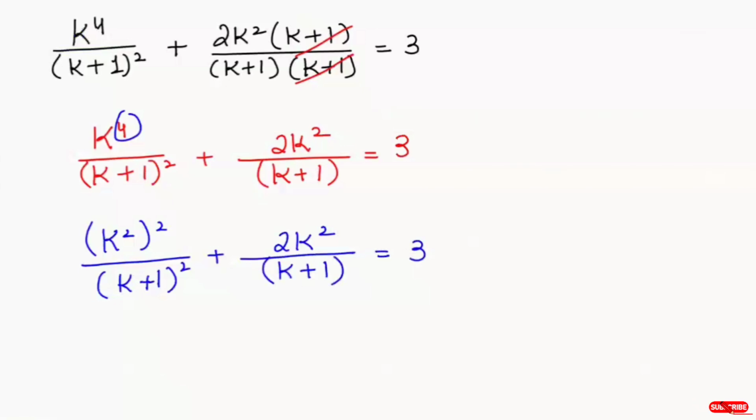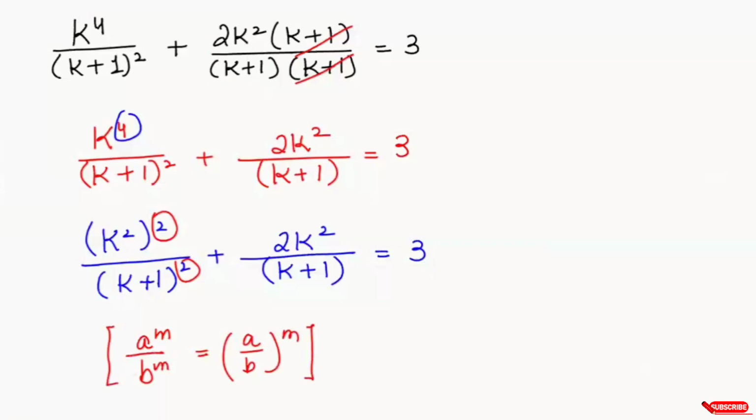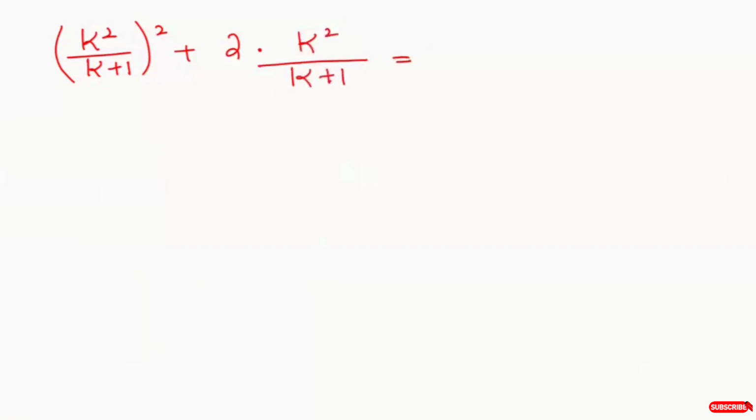Next we have the same power, so I'm going to apply the exponential rule, that is a to the power of m over b to the power of m can be written as a over b whole to the power of m. So this can be written as k square over k plus 1 whole to the power of 2 plus 2 times k square over k plus 1 is equal to 3.